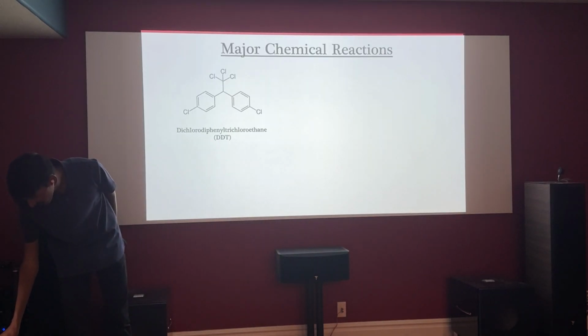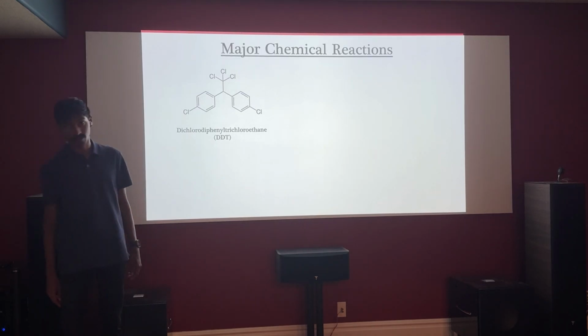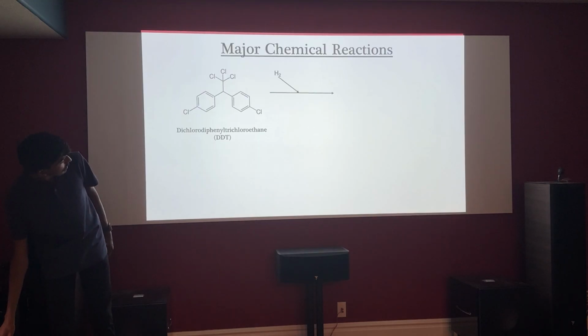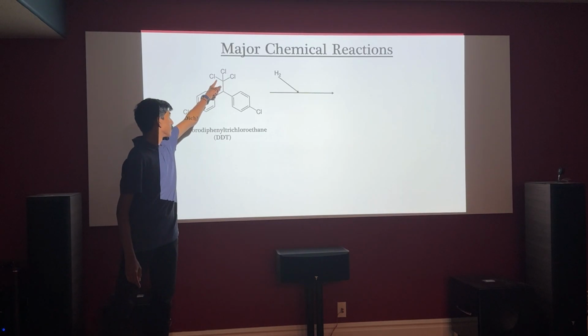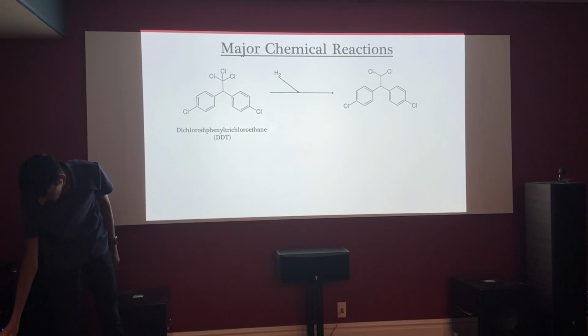All right, so here are some major chemical reactions. Here's our good old friend dichloro-diphenyl trichloroethane, DDT. One reaction includes the addition of hydrogen gas, which pops off this little chlorine here and creates two chemical byproducts.